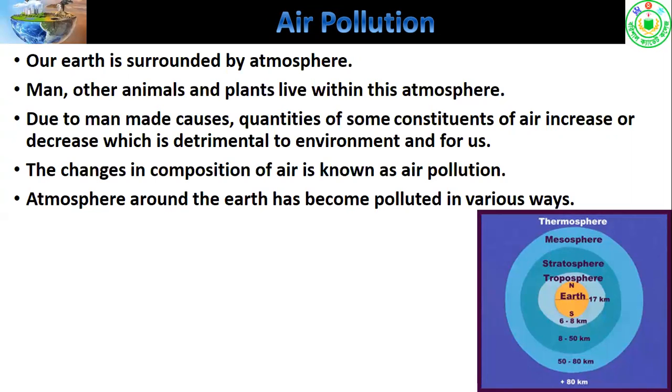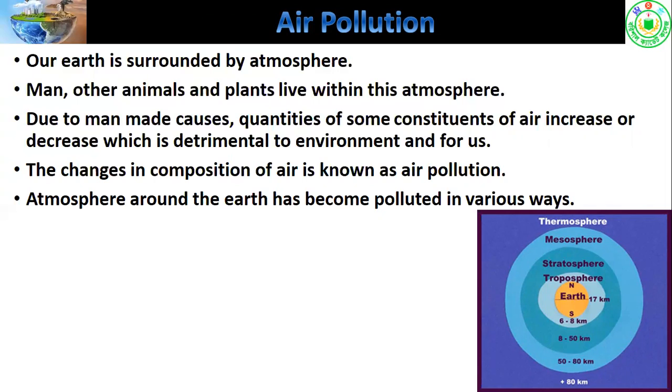See, this is the atmosphere. There are different layers in our atmosphere, and the first layer is troposphere, then stratosphere, then mesosphere, and then thermosphere. Our worldly activities are taking place in the troposphere, and this troposphere is very important for us.